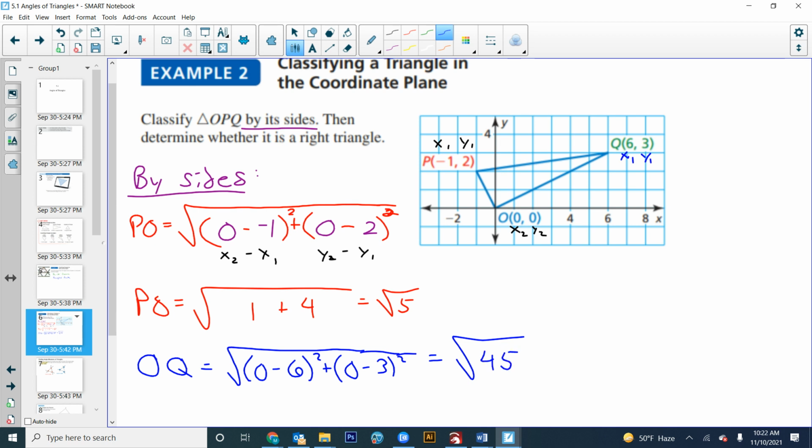Which is between what two whole numbers? We're not typing it in, but what's it between? Between what two whole numbers? Okay, this is something we don't know. That's okay. What's the square root of 36? 6. What's the square root of 49? 7. Is it between 6 and 7?